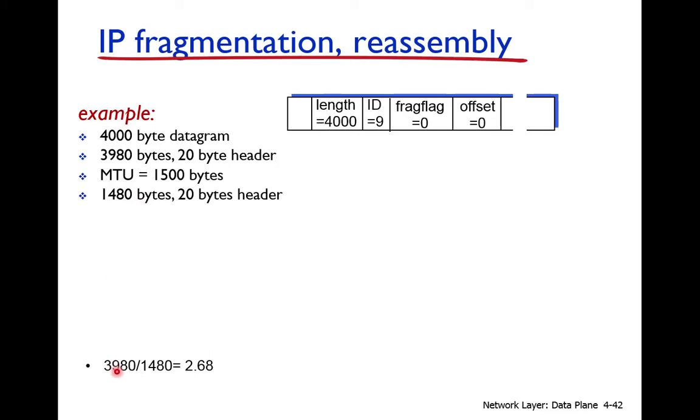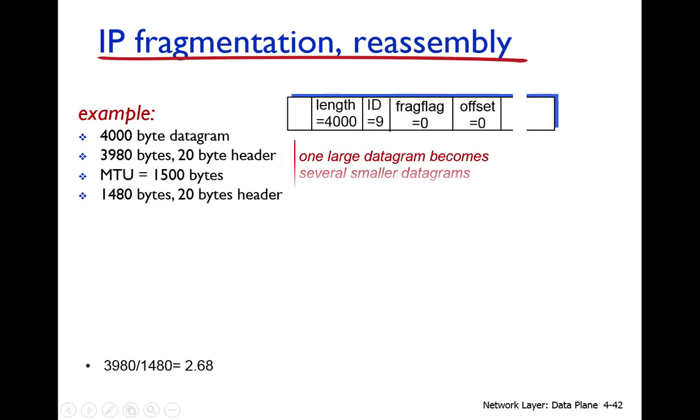When 3980 is divided by 1480, it becomes 2.68, which means we will have 3 packets. The first packet will have 1480 bytes, the second packet 1480 bytes, and the third packet is not full, so it will have less than 1480 bytes.